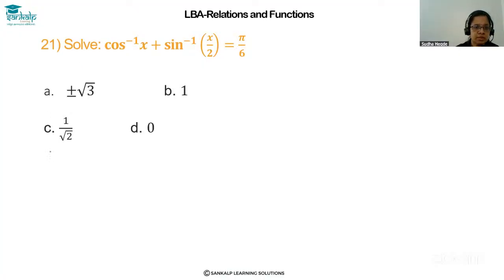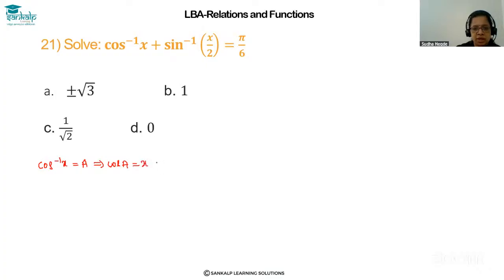Hi students, the question is: solve cos inverse x plus sin inverse x by 2 is equal to pi by 6. So let me take cos inverse x as A. Cos inverse x is equal to A implies cos A is equal to x, correct?